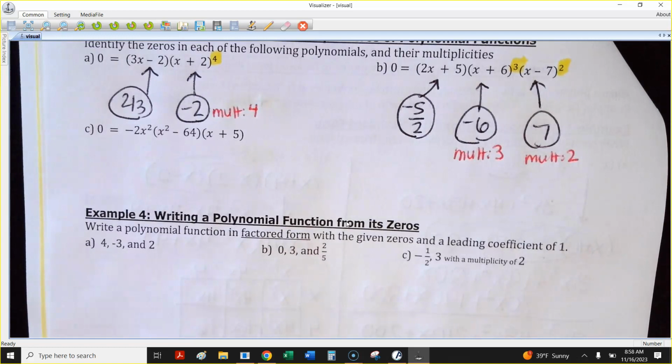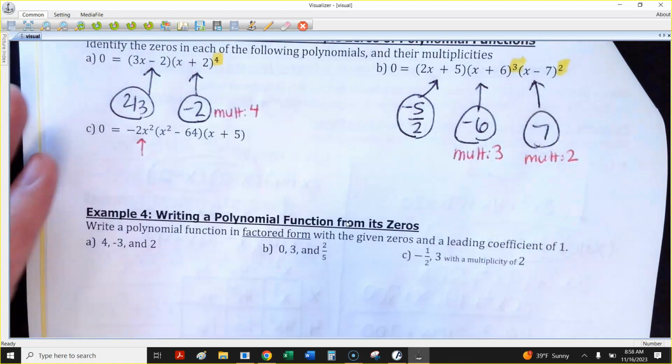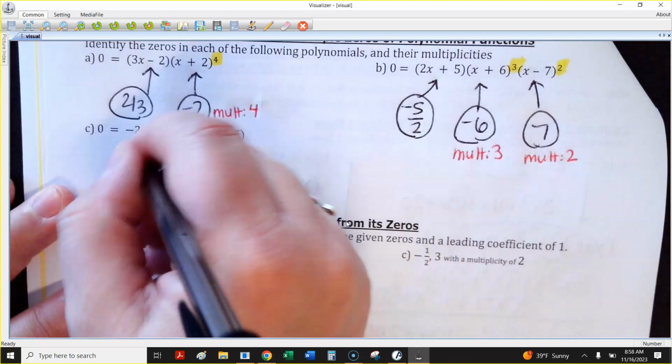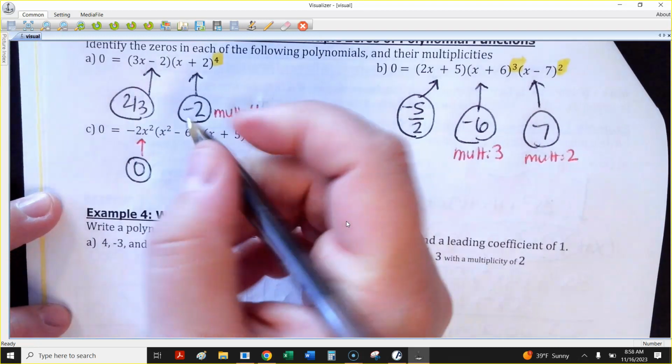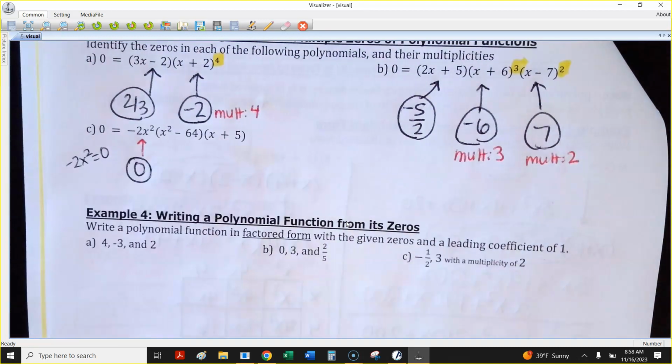All right, now, this is very tricky. What would you plug into negative 2x squared? So no parentheses there. I just have negative 2x squared. What would I plug into that? Just 0. If you're ever not sure, just literally copy, like if I did 2x squared equals 0 and I solved that equation, the only thing that's going to make that true is 0 to plug in for the x.